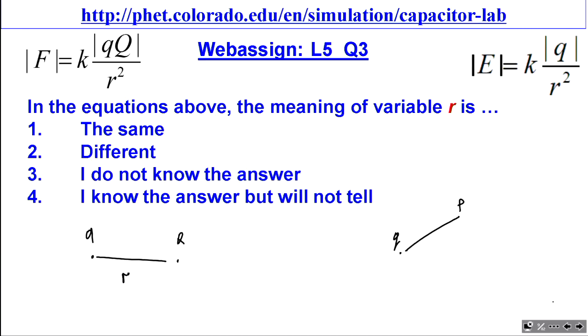And you have to say out loud or in your mind what it means. So in Coulomb's law, R represents the distance between two charges. In the second equation on the right, for the strength of electric field, R represents a distance from a charge to a point in space.